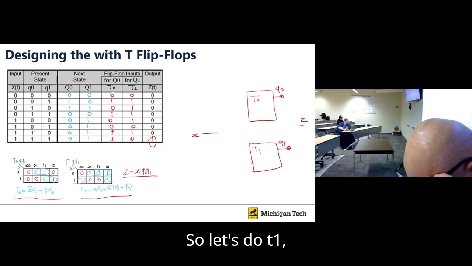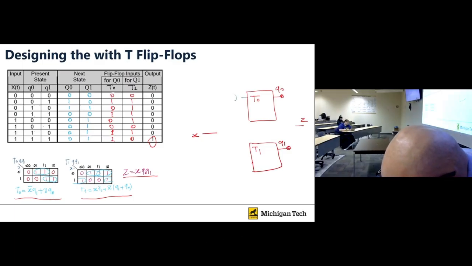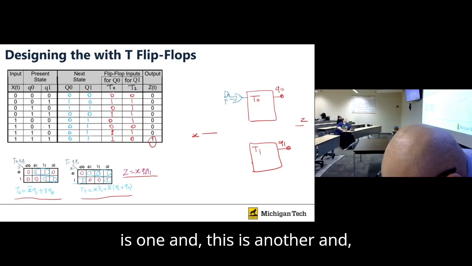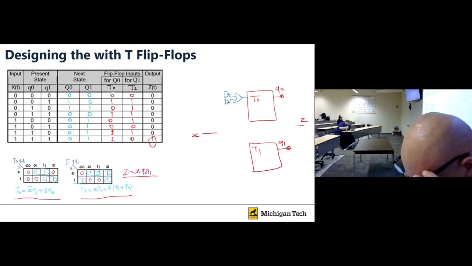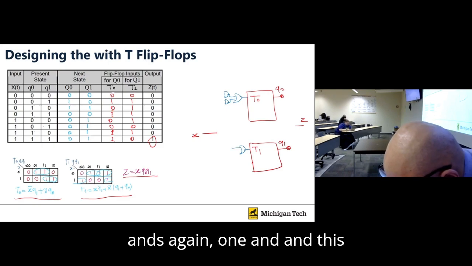Okay, so let's go for T1. To do T1, T0 first. T0 is OR and two ANDs. This is one AND. This is another AND. One OR. One OR. And ANDs again.